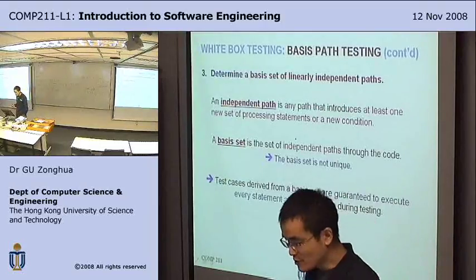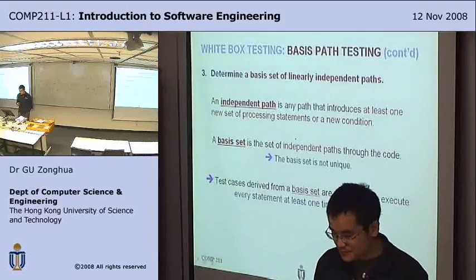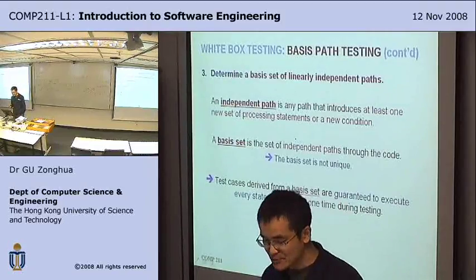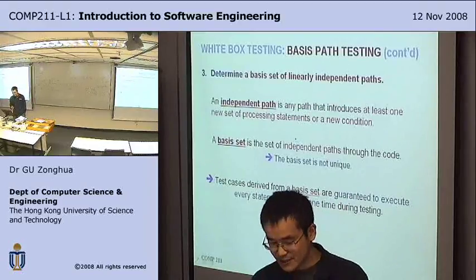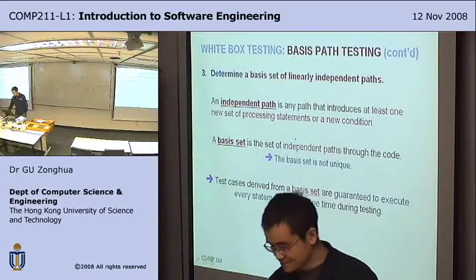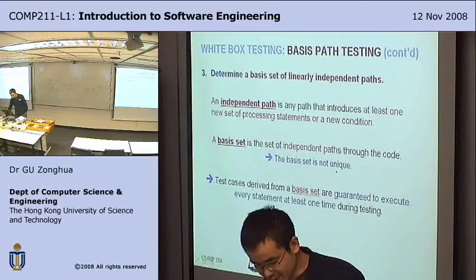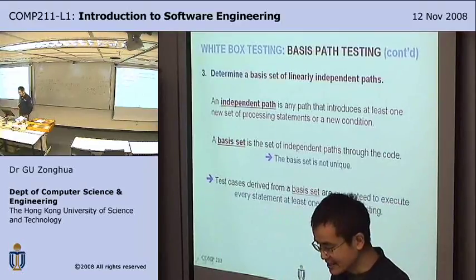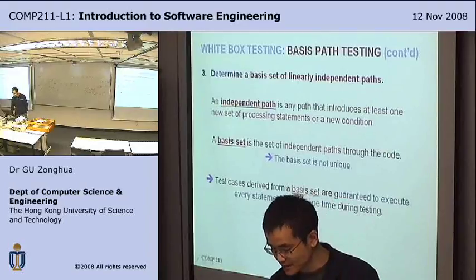You may have three paths that cover the code, and that's a basis set. Another 3 paths is another basis set. They may both be valid basis sets. So they're not unique. We'll see some examples later. Test cases derived from a basis set are guaranteed to execute every statement at least one time during testing.